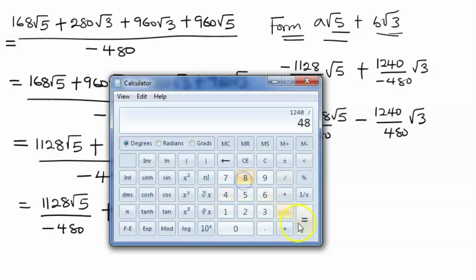Let's see. Oh, no, it cannot. But can 8 go in 1240? I'm trying to find factors. Yeah, 8 can go. But can 8 go in 480? So it can also go.